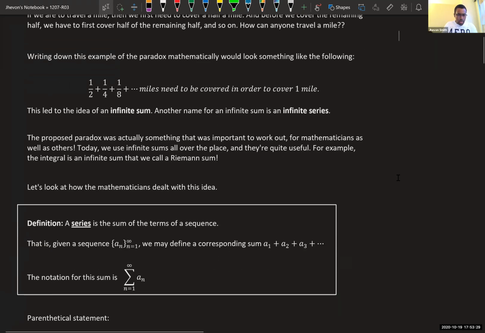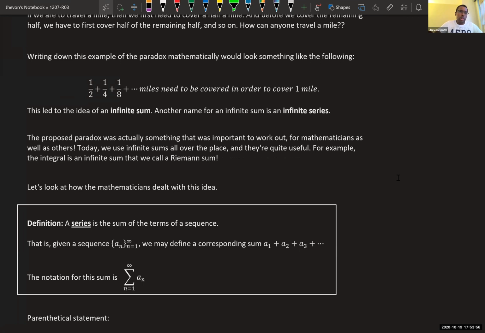If we're going to use math to do this, we have to set up a structure around it, some definition of terms and how we want to think about this. And here's where sequences come in. A general term for a sum is the word series. In math, another word for sum is series.